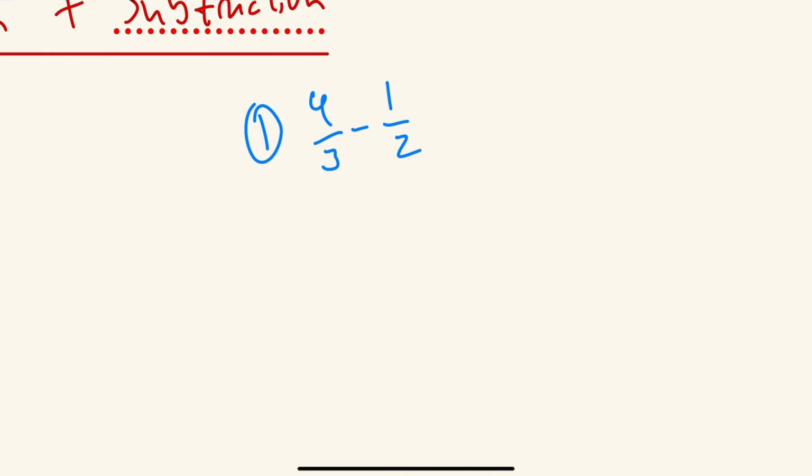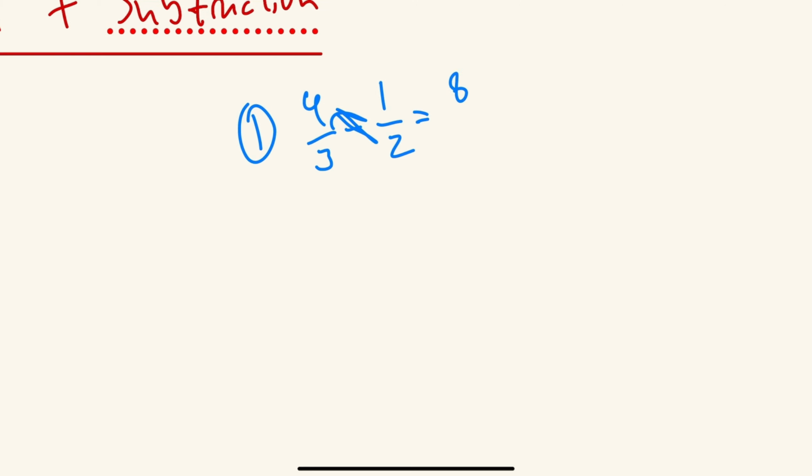When you're doing subtraction, you should use the same method, as it's always working and potentially the easiest one. So 4 times 2 equals 8, over 3 times 2, which equals 6, minus 3 times 1, which equals 3, and 6 again.